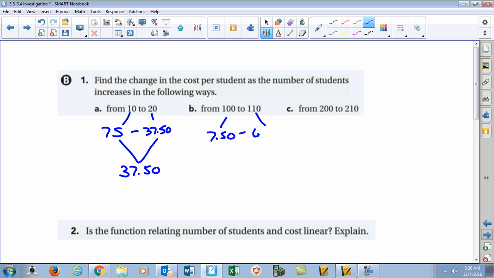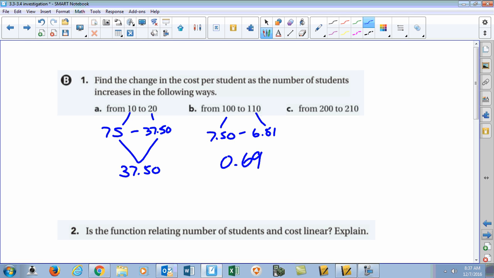So 6.81. Because again, if we're rounding it to the nearest cent. So what's the difference between 7.5 and 6.81? It's got to be less than 1, right? That's pretty significant, right? Look at the big change. From 10 to 20 goes down $37.50. But from 100 to 110, we're only decreasing 69 cents per student. That's not a whole lot, is it?